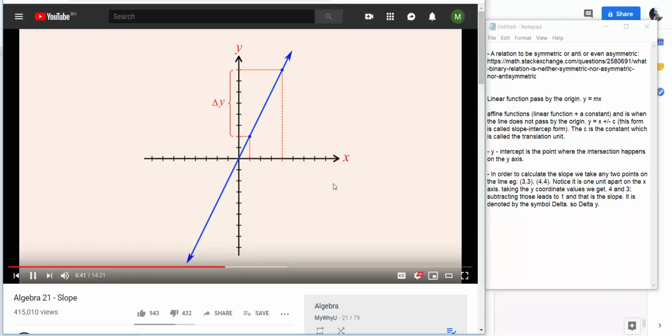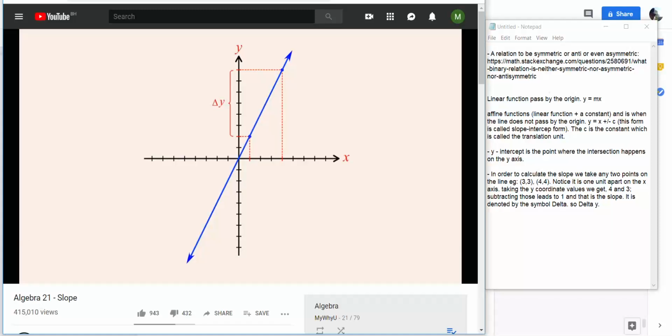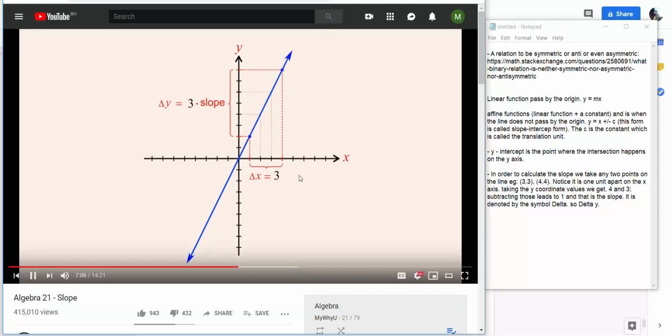Likewise, we call the difference in horizontal position delta x. If delta x is 1 unit, we know that delta y is the slope of the line. As we change the distance between the pair of points, both delta x and delta y change by the same multiple. If we change delta x by a multiple of 2 or 3, delta y also changes by that multiple.